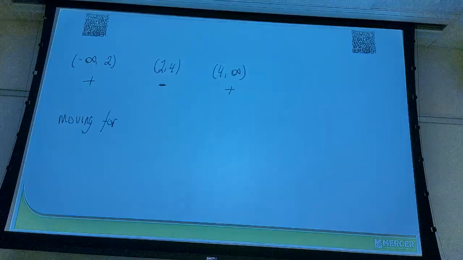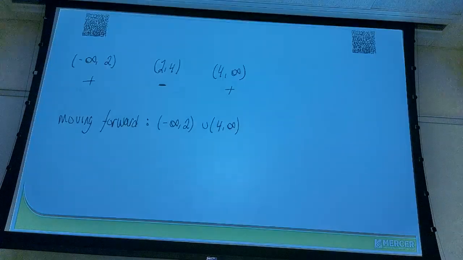So it's moving forward. Now, does that answer make sense? It does. Wait, what are they intervals of?